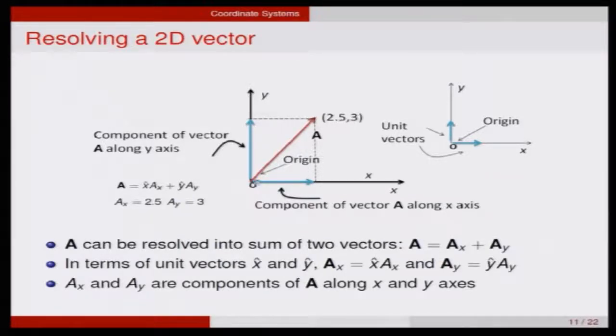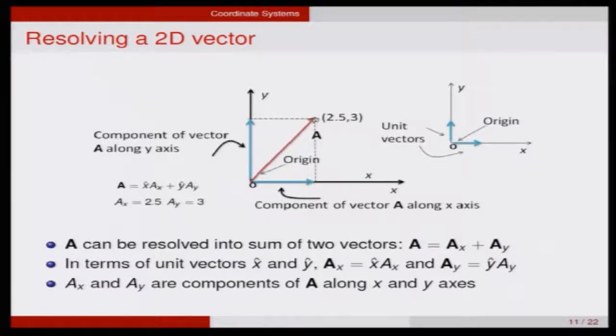Now to go from O to A, I can of course go along the red line, or I can go along the horizontal direction until I reach this point, and then continue in the vertical direction.